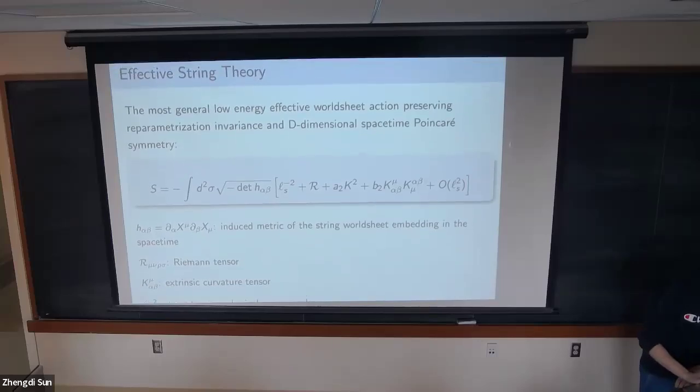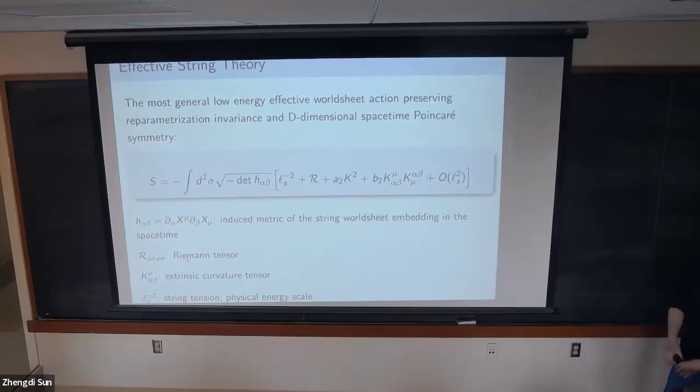So the most general low energy effective action can be written down using the assumption that it should preserve the reparametrization invariance and also the d-dimensional space-time Poincare symmetry. The point is that we can write down all the terms using these geometric quantities known as Ricci curvatures and also extrinsic curvatures, which are constructed from the induced metric, describing how a string worldsheet is embedded in the space-time.